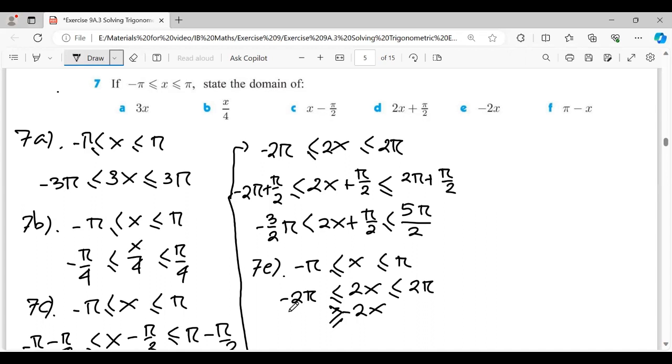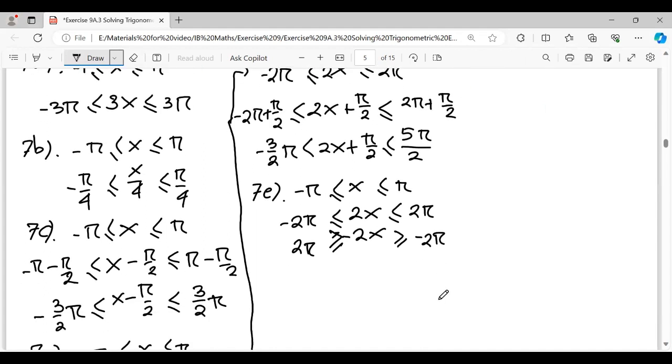Times negative becomes 2 pi becomes negative 2 pi. This is negative 2 pi. This is 2 pi.